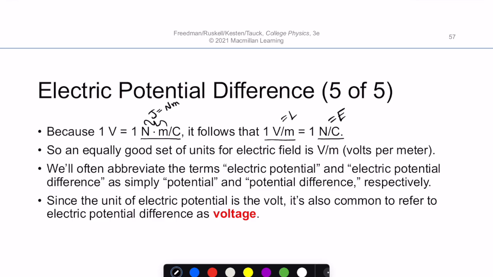So we can actually express an electric field now, instead of a force over charge, as a potential over distance. It's an equally good set of units for electric field. And as we get more comfortable with potential difference, this is going to make a lot of sense, expressing electric field as a volt per meter instead of a Newton per coulomb.